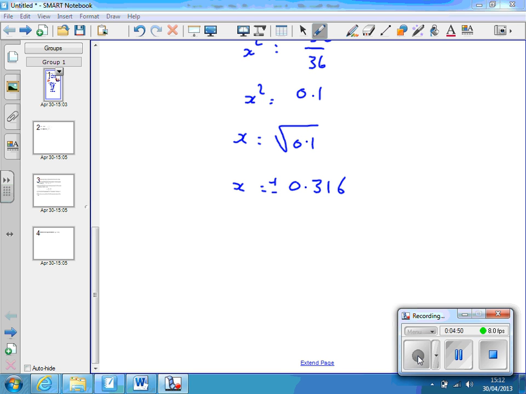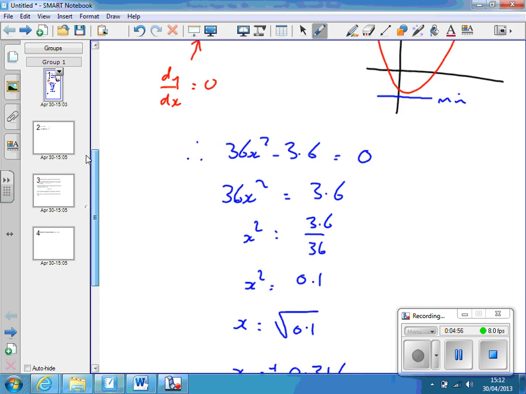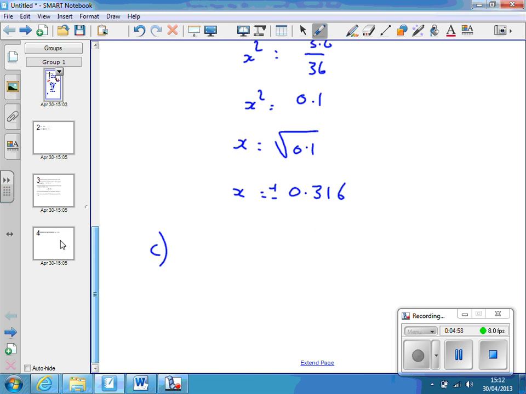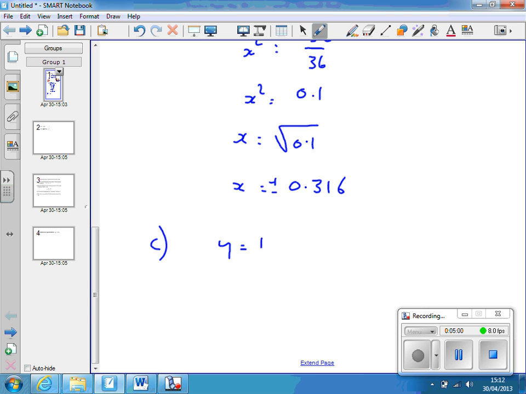So part C says, hence find the values of y. So for part C, we go back to the original function, y equals 12x cubed plus 3.6x, and substitute in our values for x. We put in either x equals positive 0.316 or minus 0.316 and work out what y is.